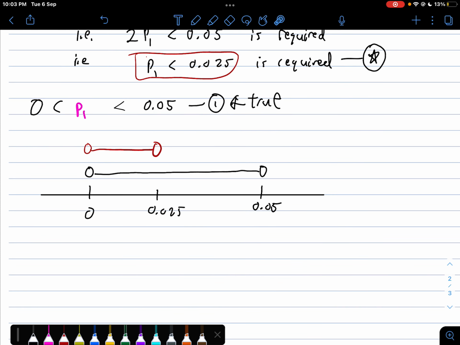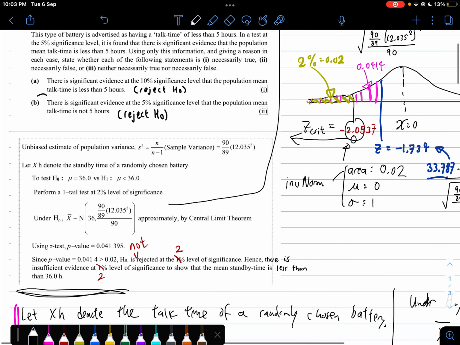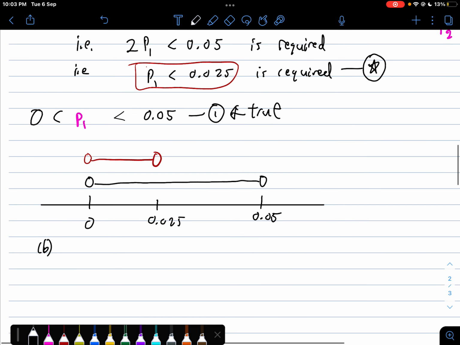Therefore, the answer to this part B here is that it is neither necessarily true nor false. Sometimes it's true, sometimes it's false. We cannot have a definite answer, unlike our part A.